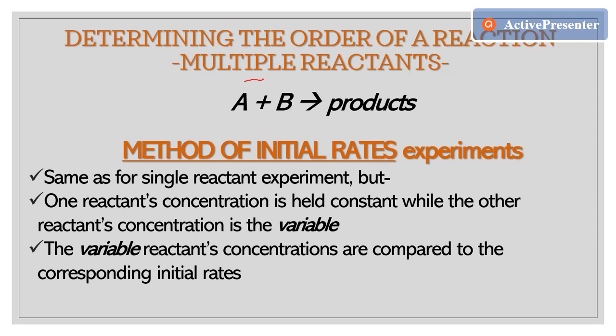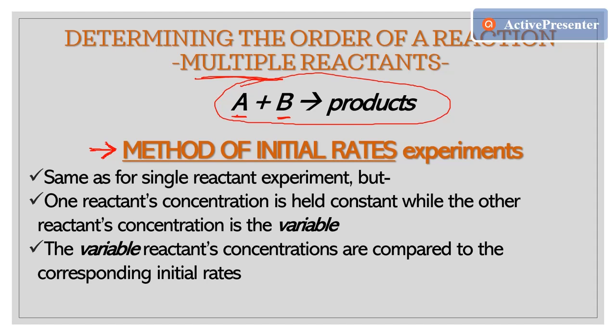So here we are again, we have A plus B equals products, so that's multiple reactants. The reactants would be the A and the B, because those are on the left-hand side of the yield arrow. And we do this by our good old method of initial rates experiments, just like what we did with those charts a second ago.